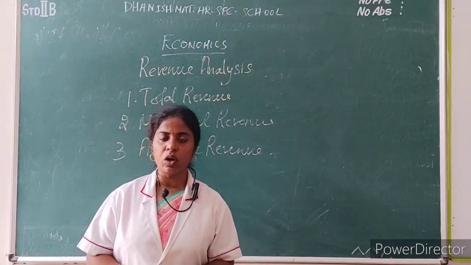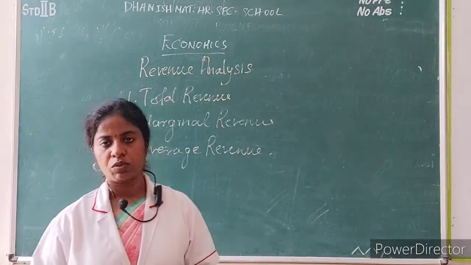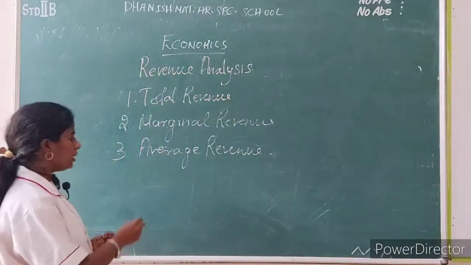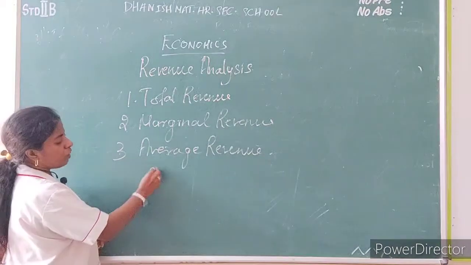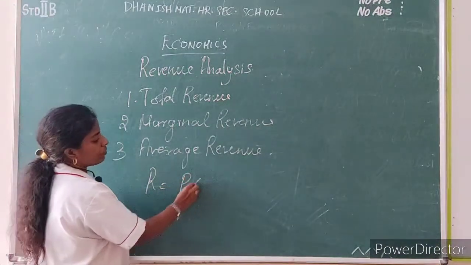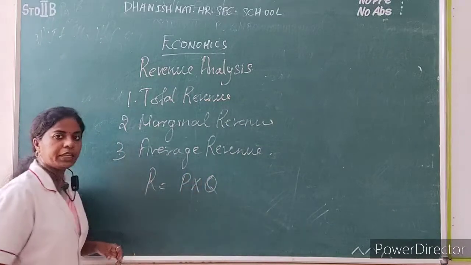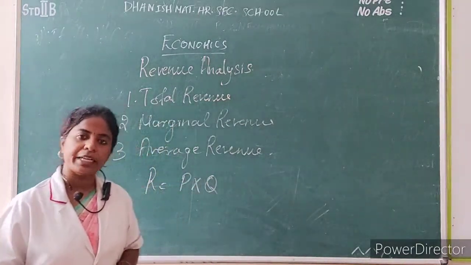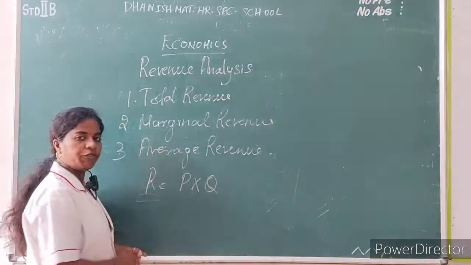First we have to know how to calculate revenue. So to find the revenue, a simple thing is used: price multiplied with quantity, and you will get revenue or profit.